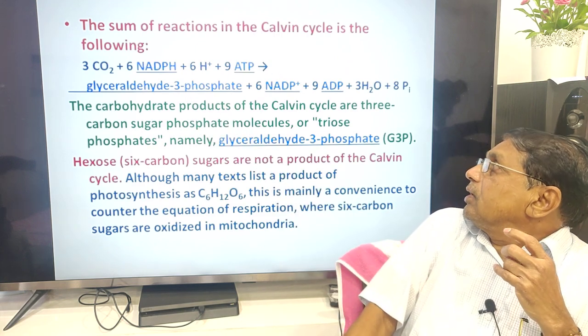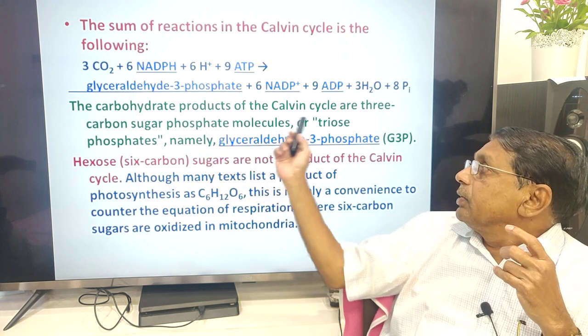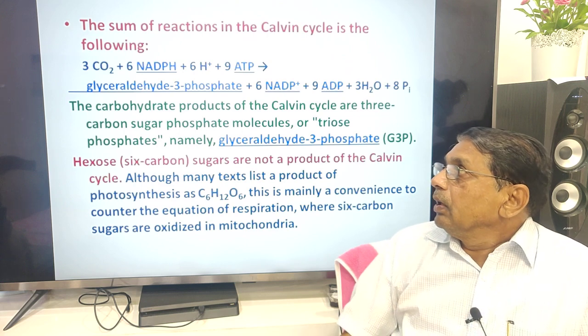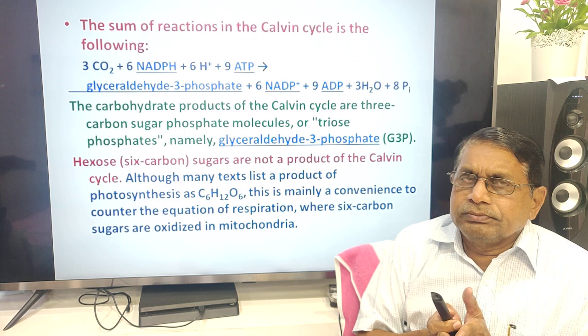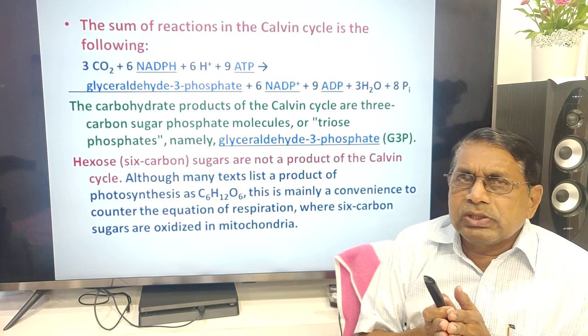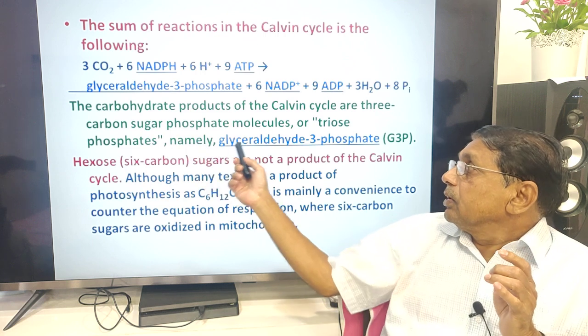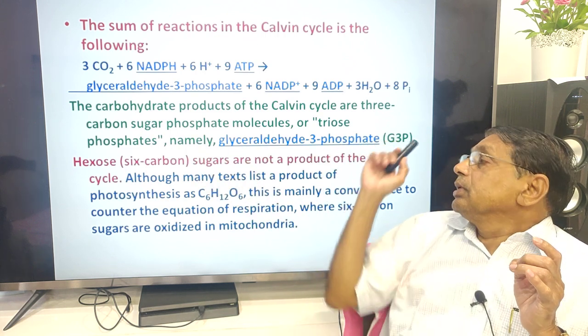Carbohydrate products of the Calvin cycle are 3 carbon sugar phosphate molecules, triose. In the Calvin cycle, what is the first product? Strictly speaking, it is not glucose, it is not starch, it is glyceraldehyde 3-phosphate, G3P.